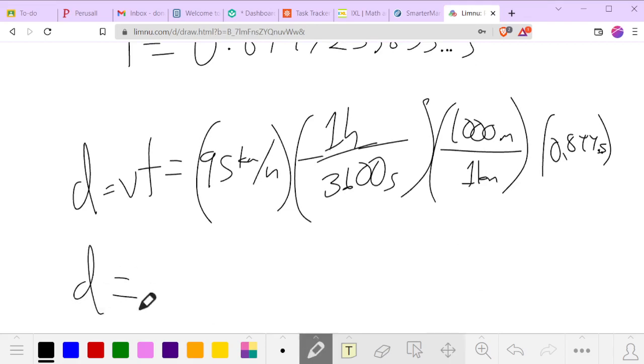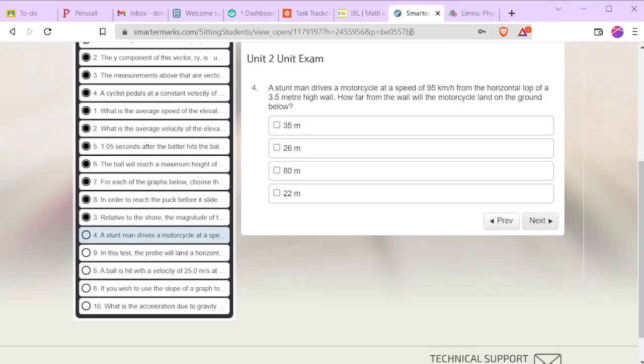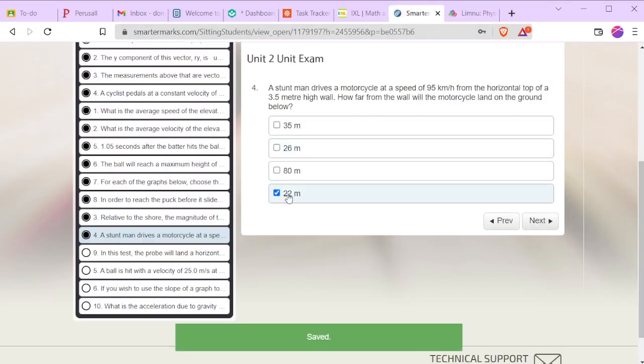So our distance works out to about 22.2913115 meters, or 22 meters.